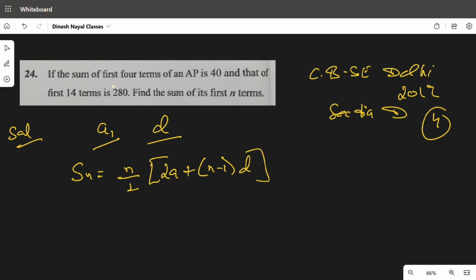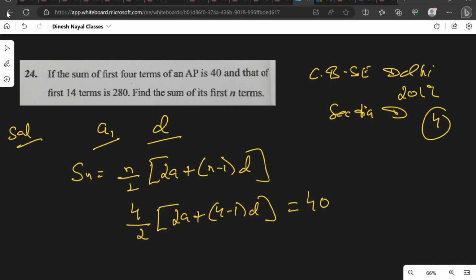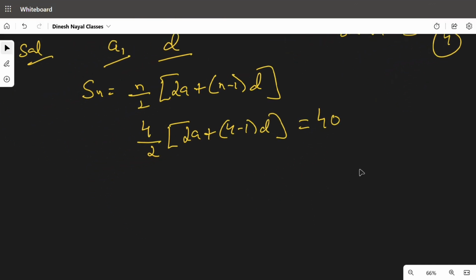They are saying the sum of the first four terms. So here n is 4: 4 by 2 times (2a plus (4 minus 1) times d) equals 40. Now solving this, 4 by 2 goes 2 times, so this is twice (2a plus 3d) equals 40.